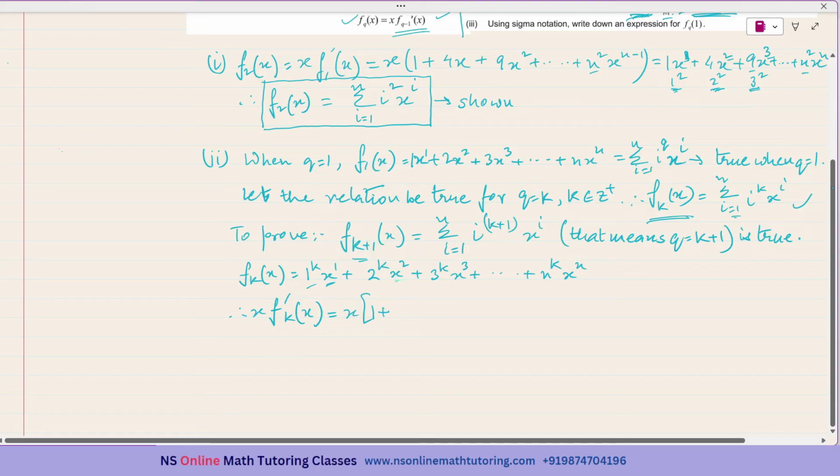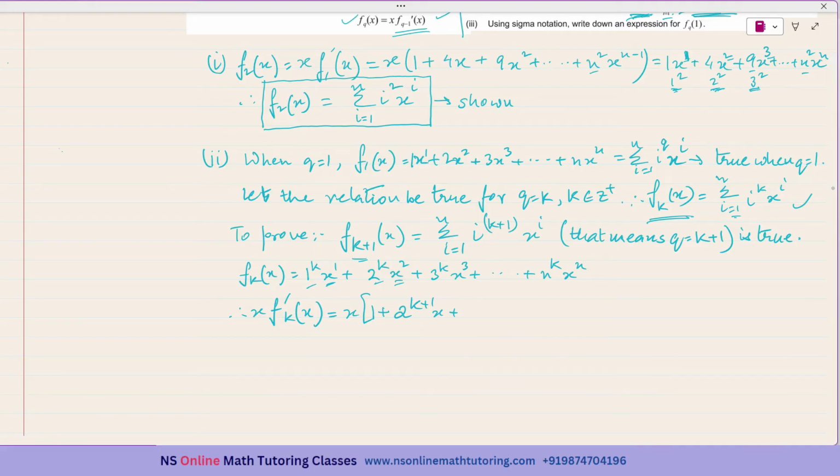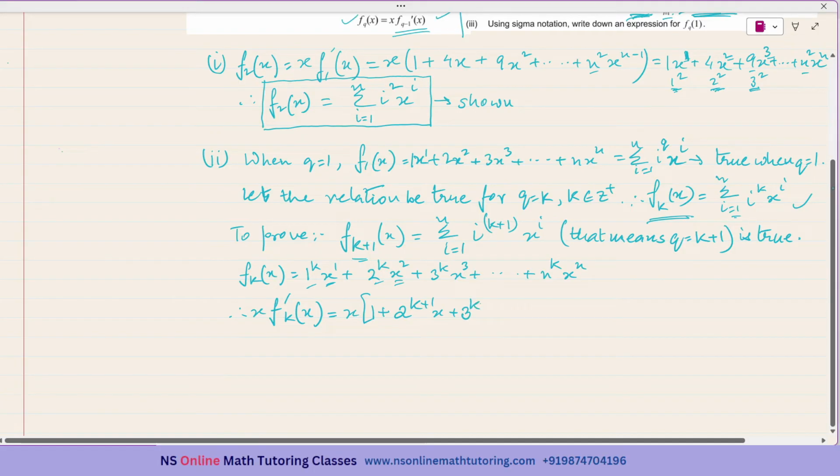Then x squared, whose derivative is 2x, and we have 2 to the power of k times 2, which is 2 to the power of k plus 1, x. Then for 3 to the power of k, x cubed, the 3 comes down, so 3 to the power of k times 3 is 3 to the power of k plus 1, x squared.